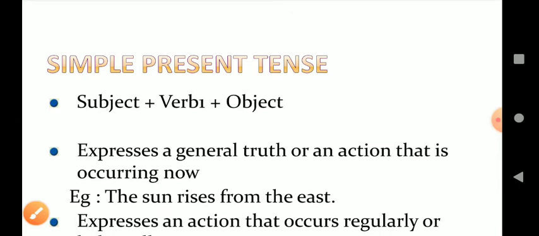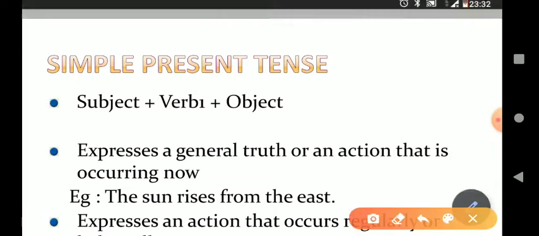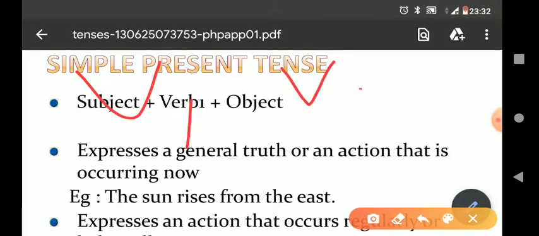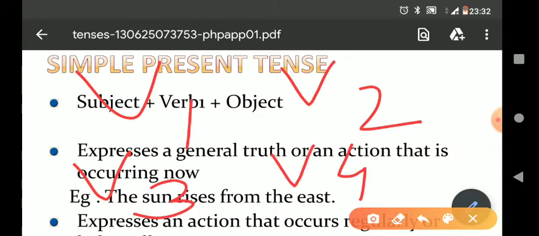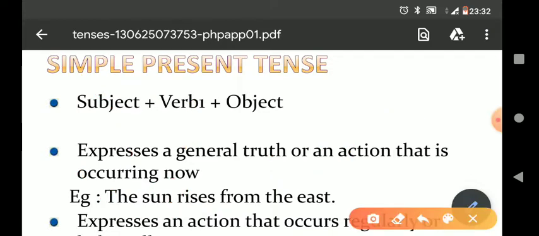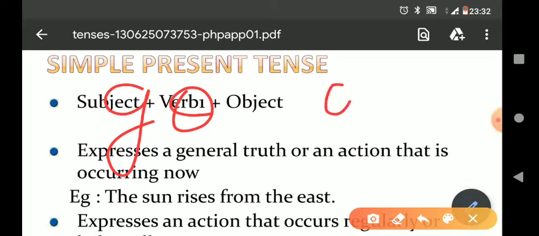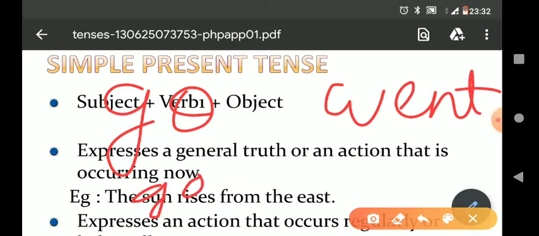Now always keep in mind that every verb has four forms: v1, v2, v3, v4. For example, let's take the word go. Go is the verb, and v1 is go only. Second is went, we use in past tense. Third is gone, and fourth is going.